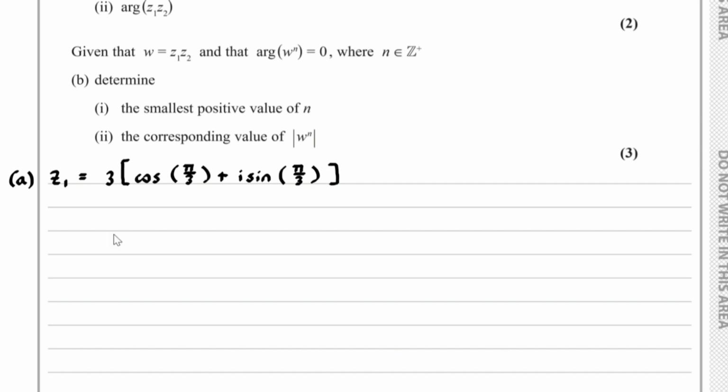And also z2 is equal to root 2 multiplied by cos of minus pi over 12 plus i sine of minus pi over 12.